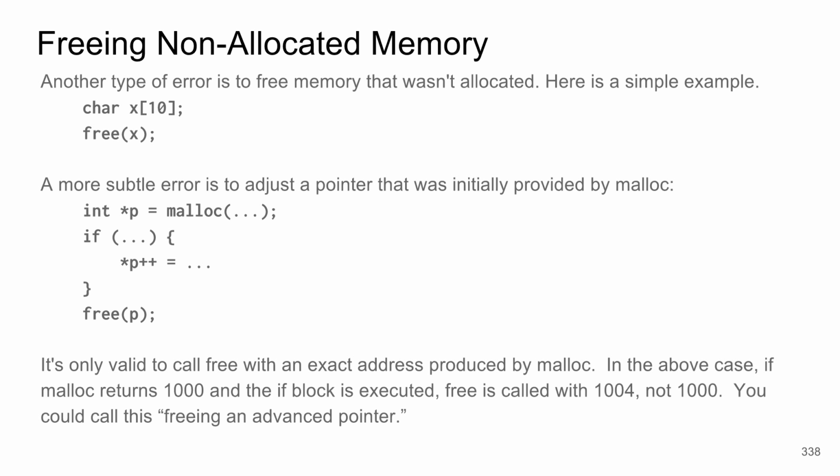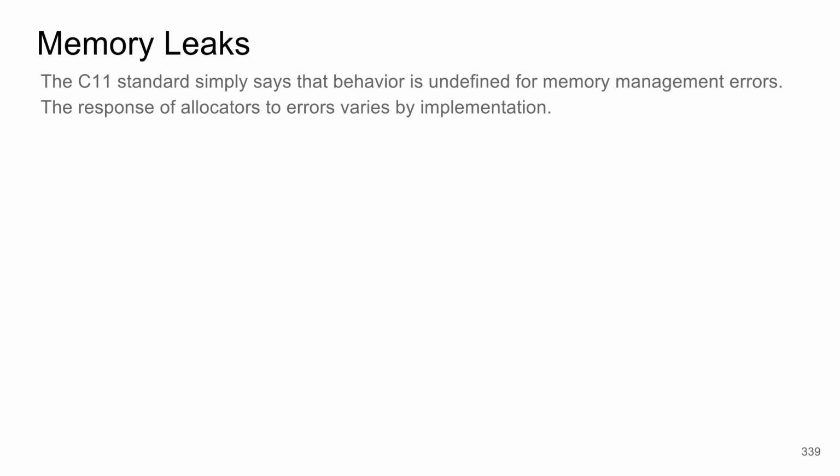This is an error that happens a lot. This is probably one of the most common errors you'll find when you're trying to free memory. So free only accepts an address it knows has been given out by malloc. Cool. All right. Any questions on those memory errors we were just talking about?